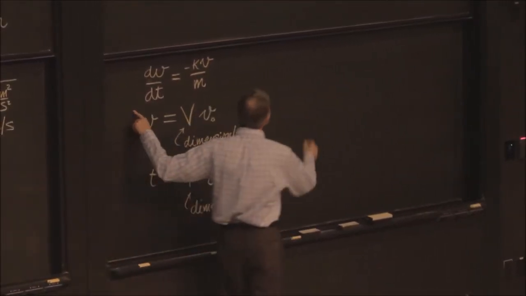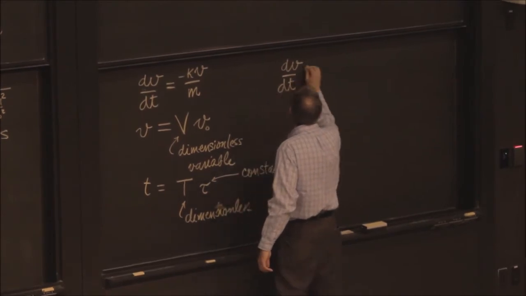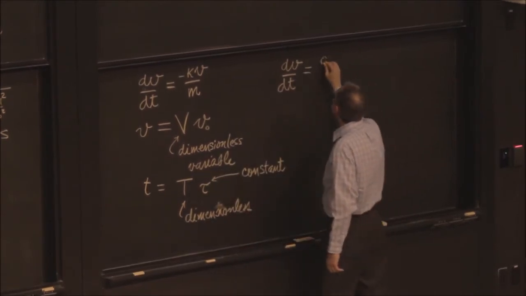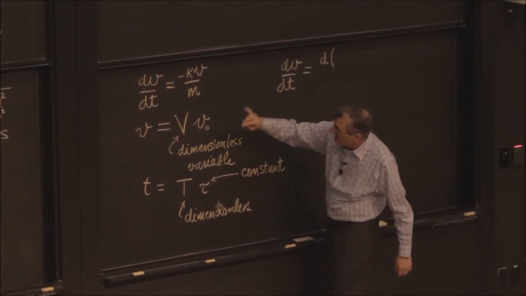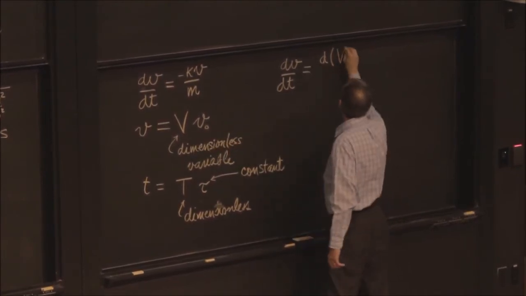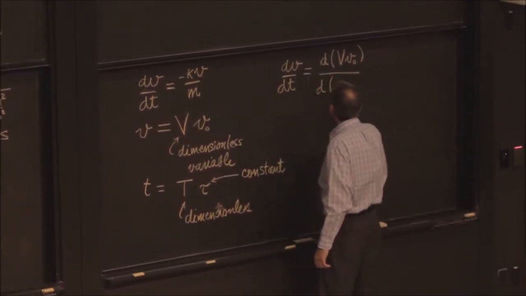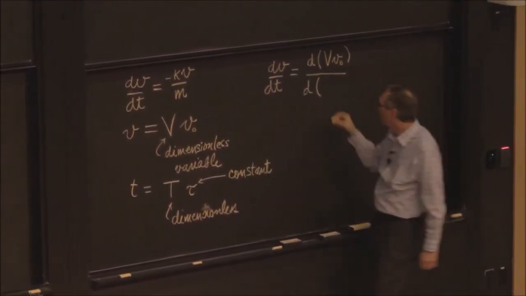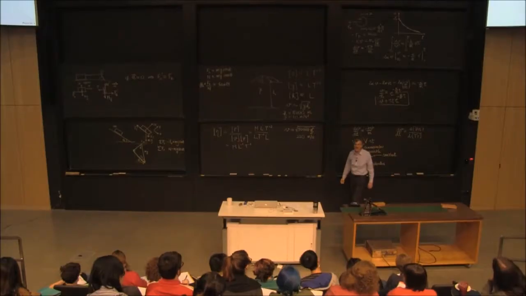So dv dt will be d of big V, V0, with respect to that.